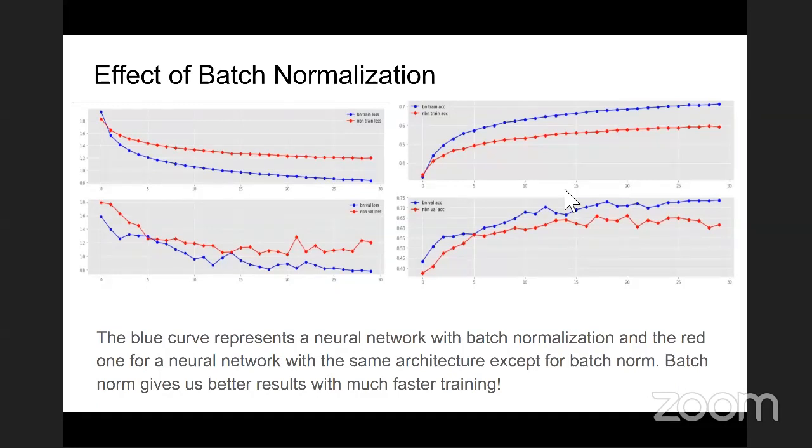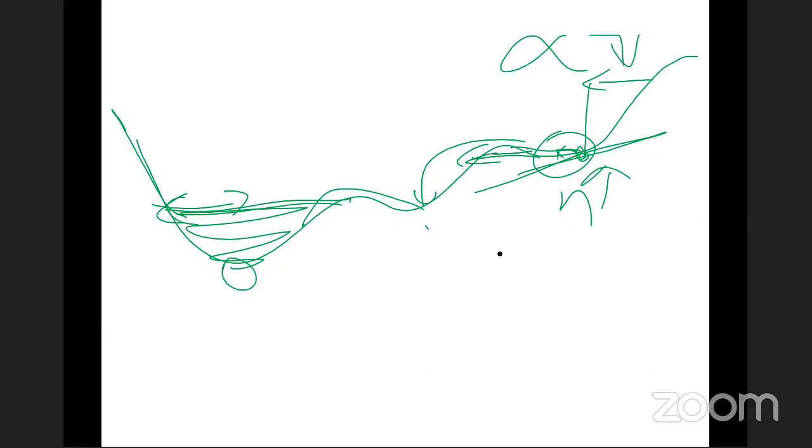So let's look at here. Let's say you have a particular neuron. There are other neurons also in this layer. So this neuron will give you one activation for each sample.